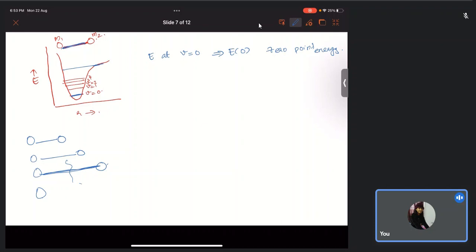So that's where we are saying that the bonds are going to break after a point of time. So this happens at a particular V, which is called V max. This happens when the oscillations are anharmonic.